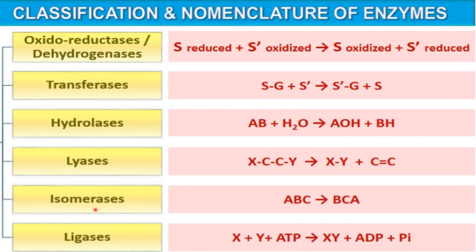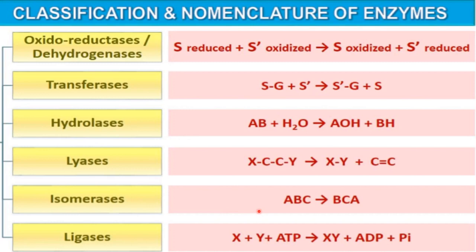Then isomerases, the next class of enzyme. Isomerases catalyze interconversion of optical, geometrical and positional isomers. These help in formation of isomers. Isomers are molecules having the same chemical formula but different structure.